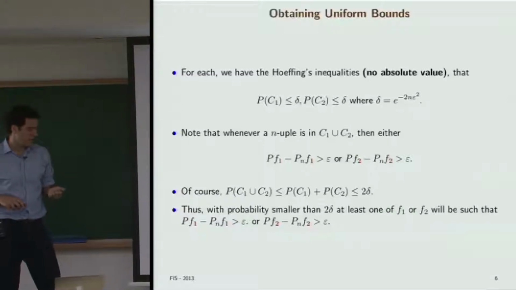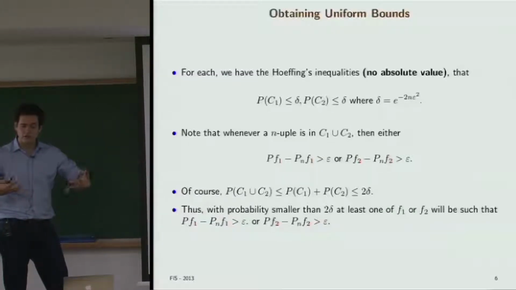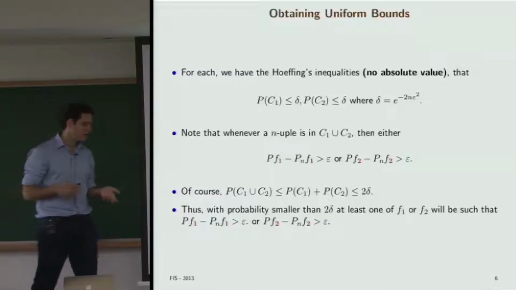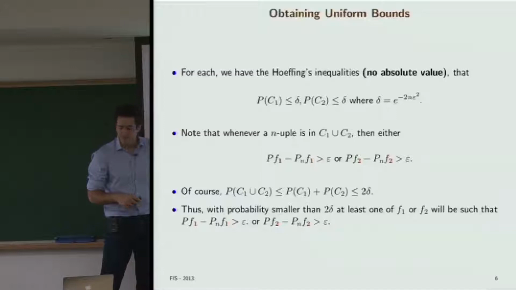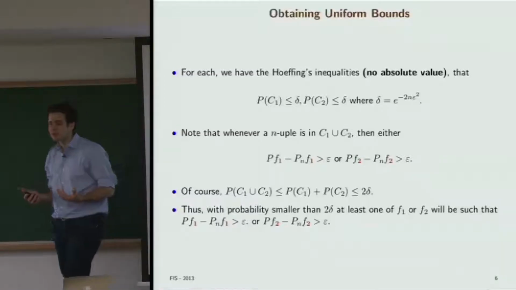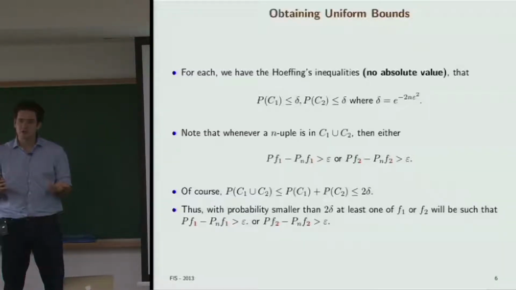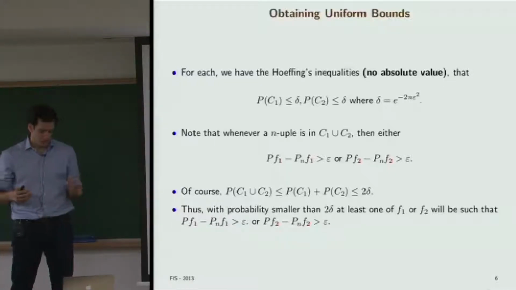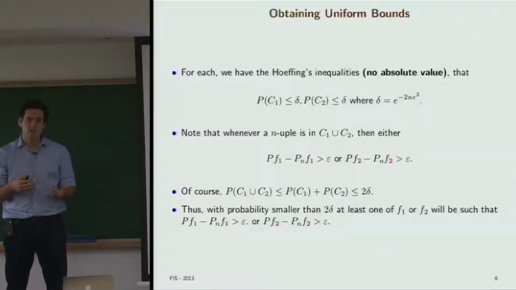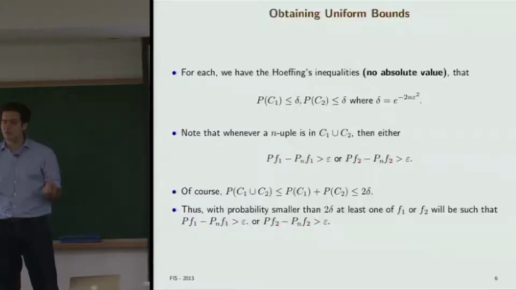So if I now compute the probability of this union of two sets, I can upper bound it very simply using something called the union bound: the probability of C1 union C2 is smaller than the probability of C1 plus the probability of C2. Then I just get this bound here. So the probability of all samples such that either one or the other deviates by more than epsilon is smaller than 2 delta. So this is Hoeffding's bound for two functions.